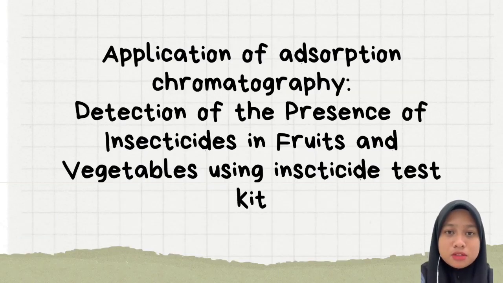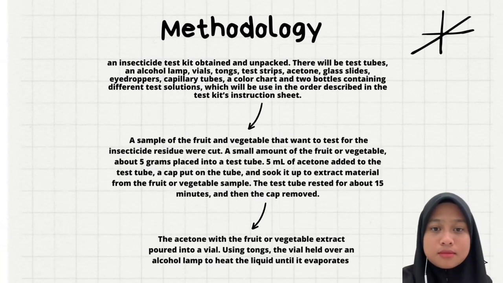Hi, my name is Nurmania Biha and I will explain the application of adsorption chromatography, which is the detection of the presence of insecticide in fruit and vegetables using an insecticide test kit. Firstly, an insecticide test kit is obtained and unpacked.